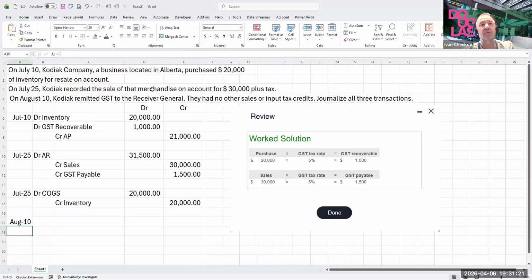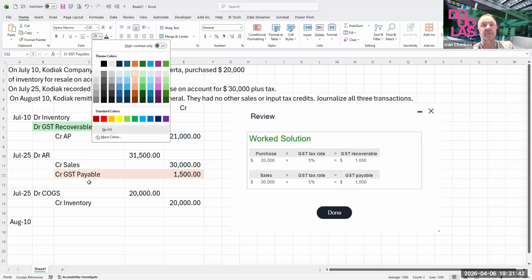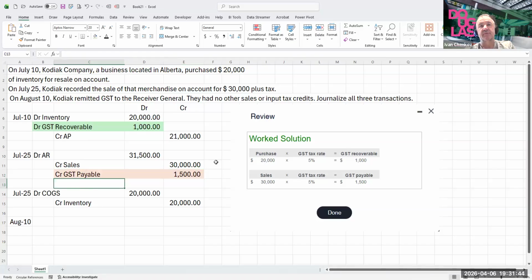On August 10, we have to identify and remit the GST to the Receiver General. So what we have to figure out here is we have one GST account that is recoverable, let's mark it green because we have to get the money back, and one that is payable, that's red, because we have to pay the money to the government. First we have to close both of those accounts.